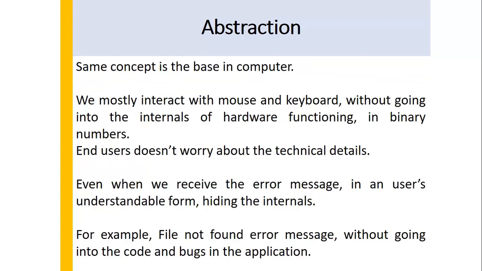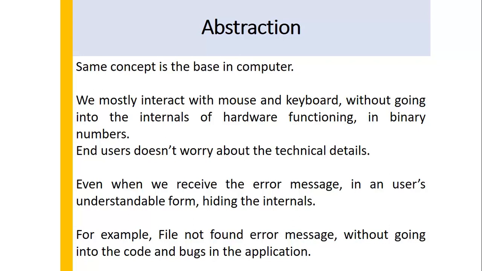So we mostly interact with the mouse and keyboard without going into the internals of the hardware functioning in binary numbers. The end user doesn't worry about the technical details. Even when we receive an error message, it's displayed in a user-understandable form, hiding the internals.